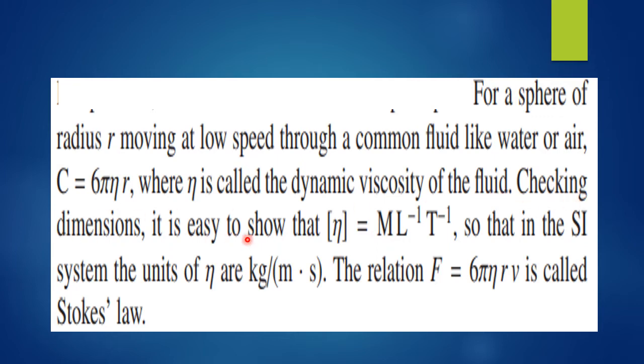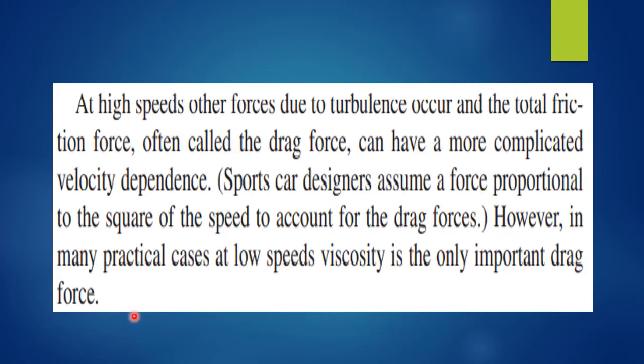The dimension of eta is M L raised to minus 1 T raised to minus 1, and the unit is kilogram per meter second. The relation F equals 6 pi eta r v is called Stokes law. So this is the Stokes law for viscosity.